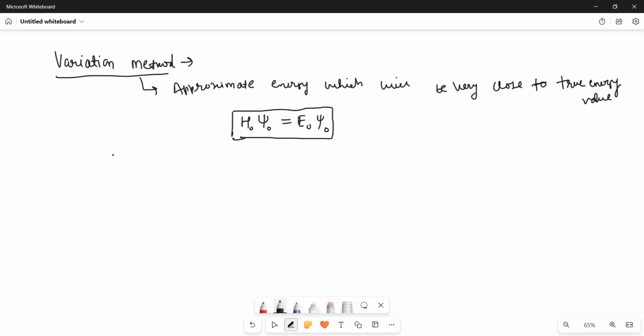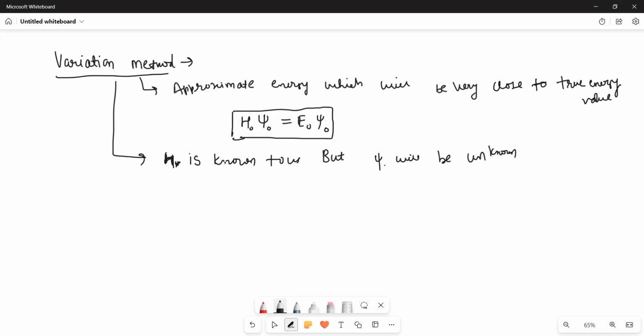But in variation principle, Hamiltonian is known to us, but wave function is not known to us. Please write just H only. Do not mention H naught. But psi will be unknown. So in these cases, we apply variation method.